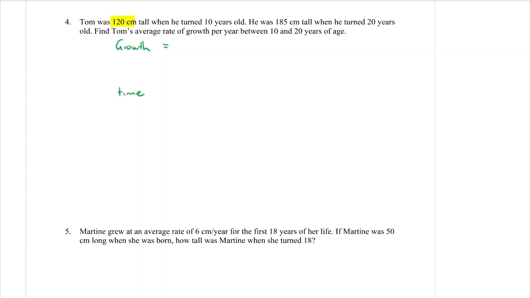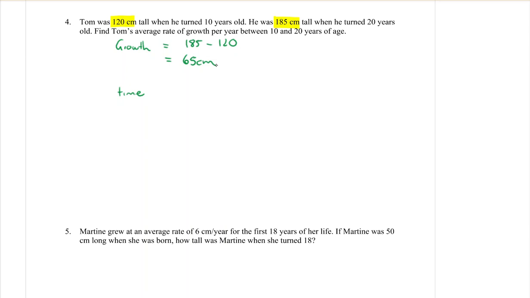So he started at 120 and was 185 at the end. So if I subtract those 2, 185 minus 120. Actually, I shouldn't say always start with the bigger number, always start with the second number. That is a 65 centimetre growth in that time.